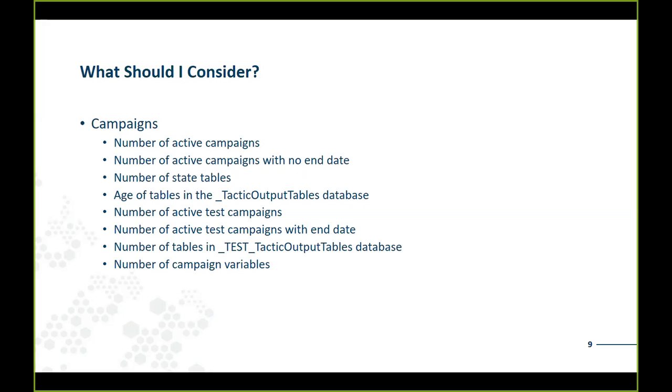Campaign variables is a bit of a rule of thumb that we have to work with you. So we always say you can have as many campaign variables as you would like, but you need to understand the performance impact on campaigns by having them. There are two types of variables within Campaign Manager: global and local. Global variables will be created with every campaign, and they appear on the campaign state table.